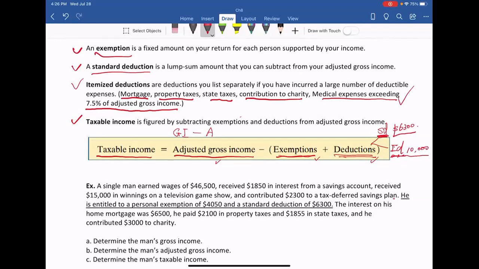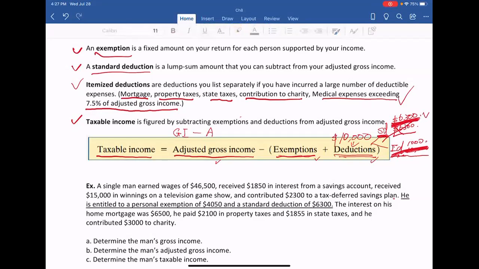So we choose $10,000 as the deduction. So we don't need to use this one. If the itemized one is 1,000 and standard deduction is 6,300, then the standard deduction is greater than the itemized $1,000 deductions. So we will choose this one as our deductions.